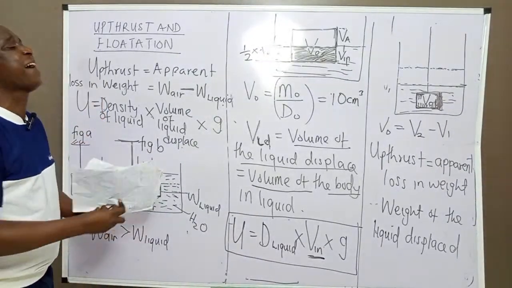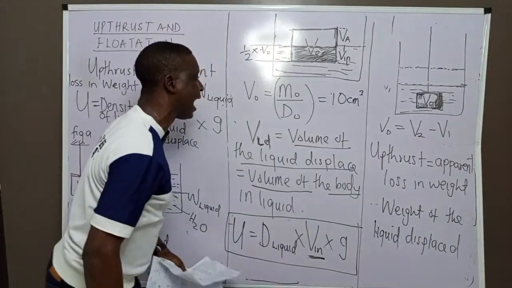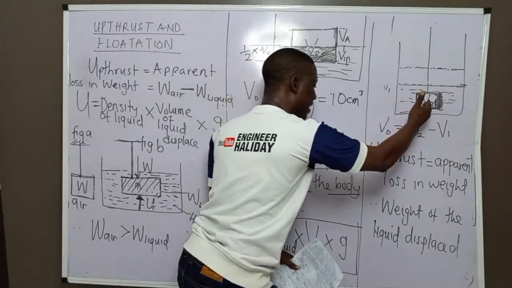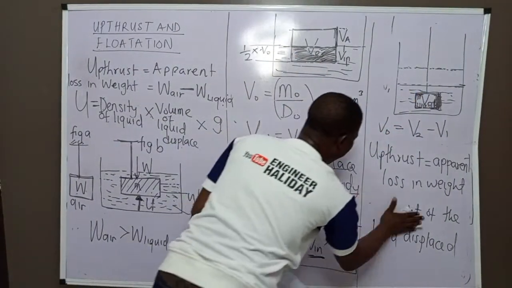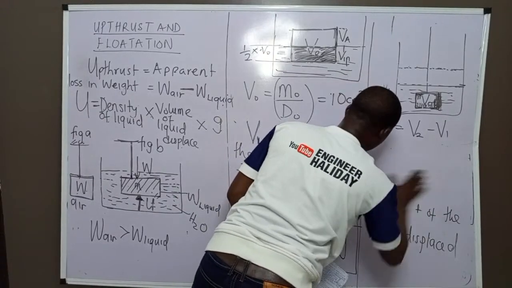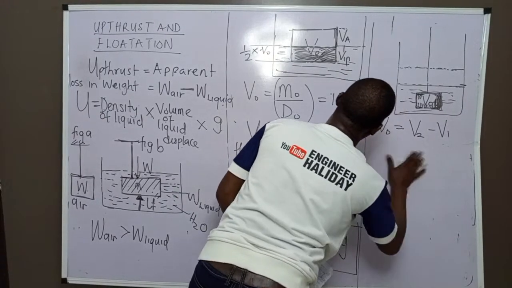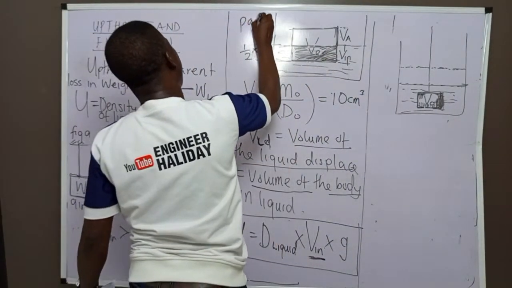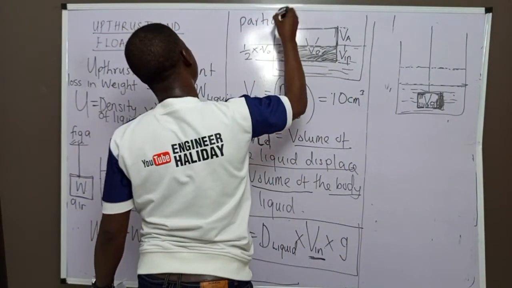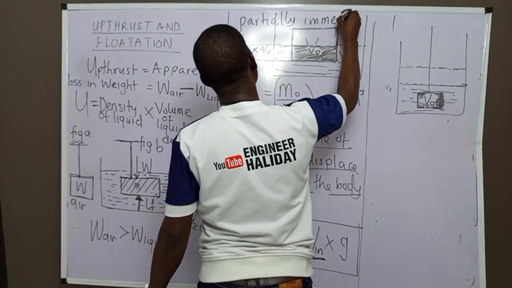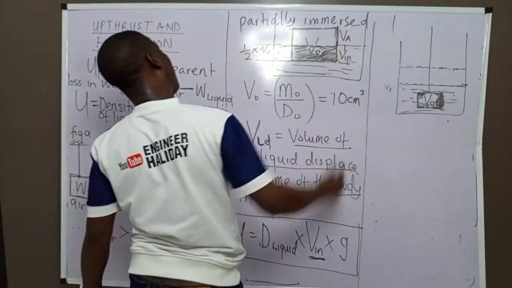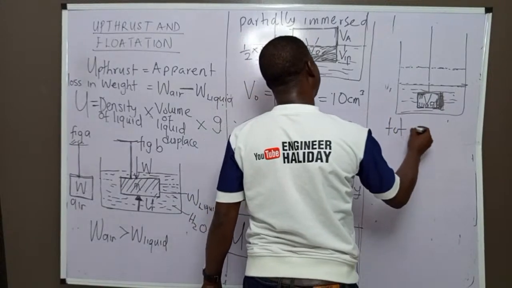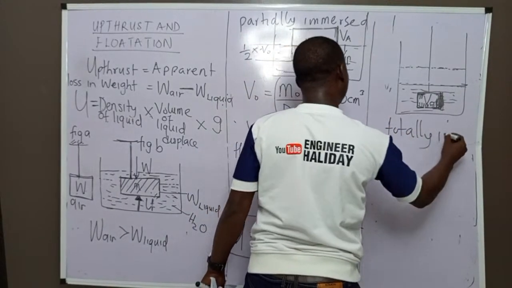But what if everything enters the water? Like what I have here, my dear. Now, it's a different scenario when the body is fully immersed in water. This is what we call partially immersed in water. But what about a case where it's totally immersed?